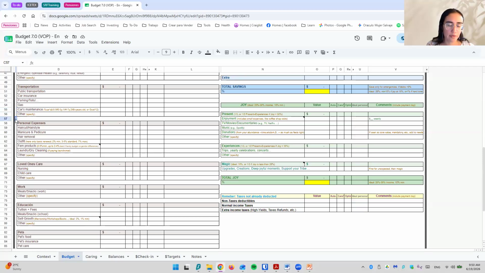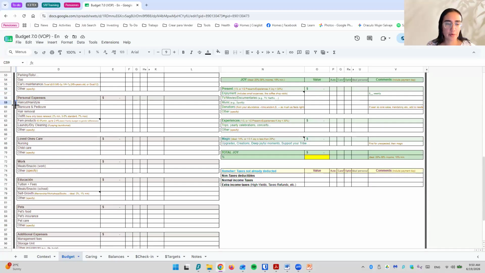And then other, you can double check these things. As I said in the beginning of the training, I came to all these things through research and study, but if you feel that there is something better, or you realize there is a better way to calculate, you can do so. Just if you have a car, save for the maintenance. If you have a house, save for the maintenance and all these things.